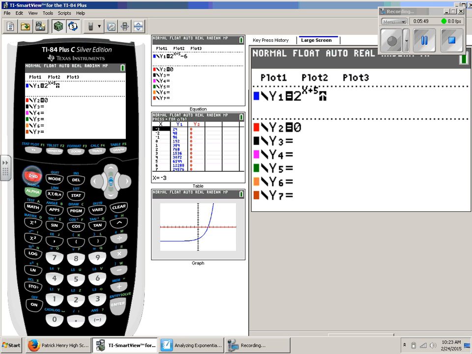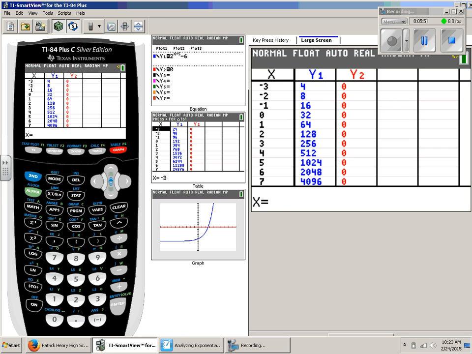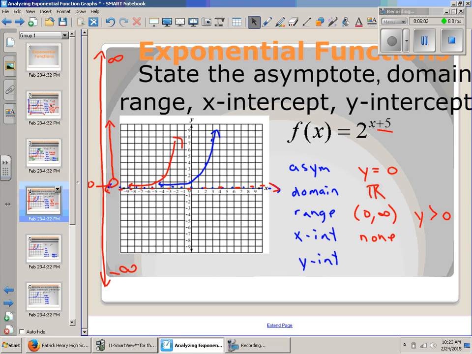This time I don't need to go to the graph. Let's go to the table, and I want to look and see where x is 0. So that's (0, 32). So the y-intercept is (0, 32).